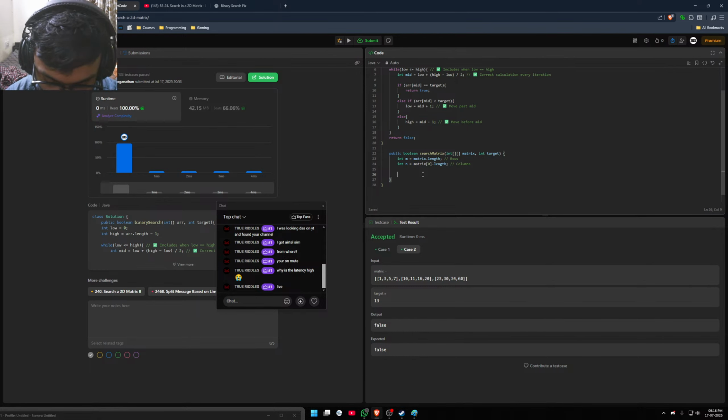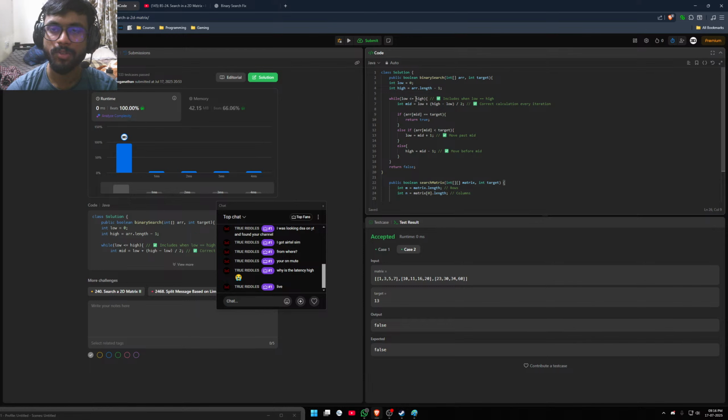So n cross m is the total number of rows. Here we are taking an array.